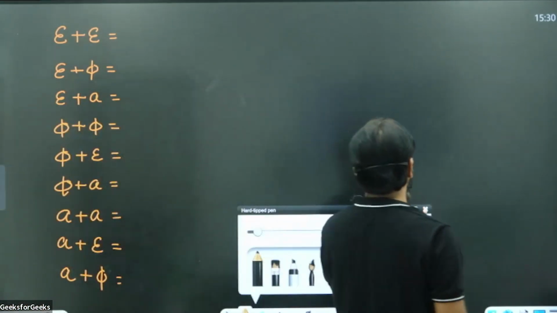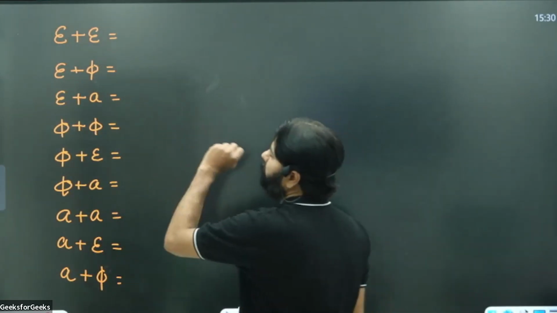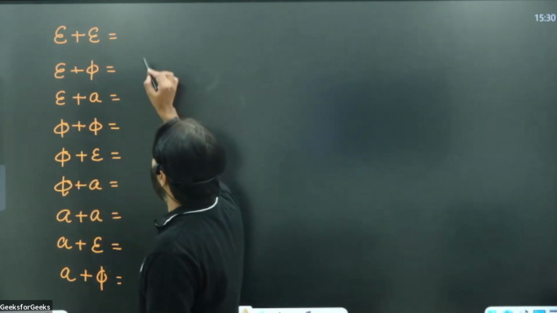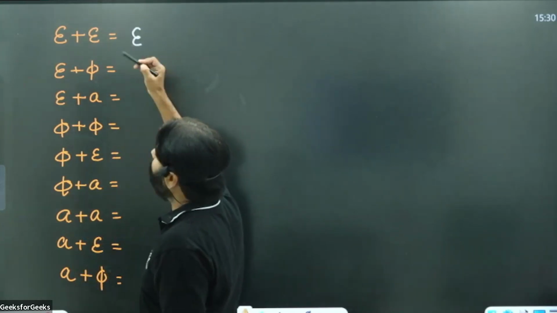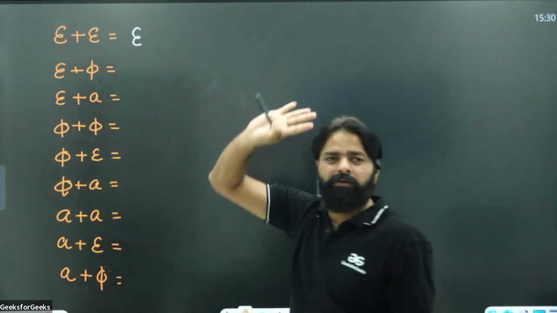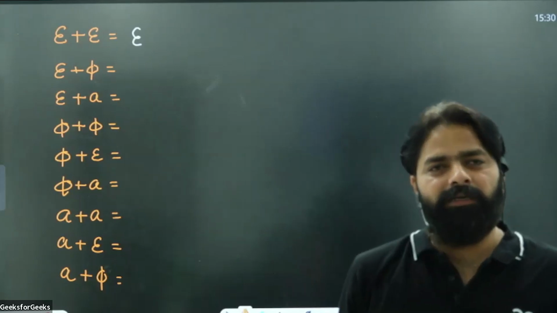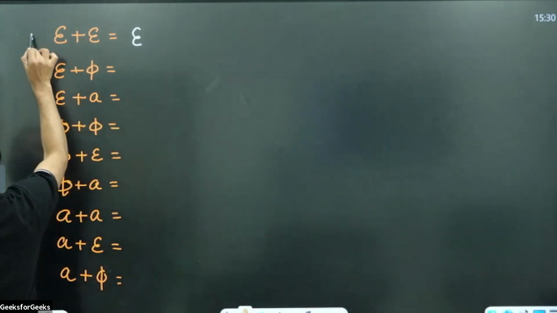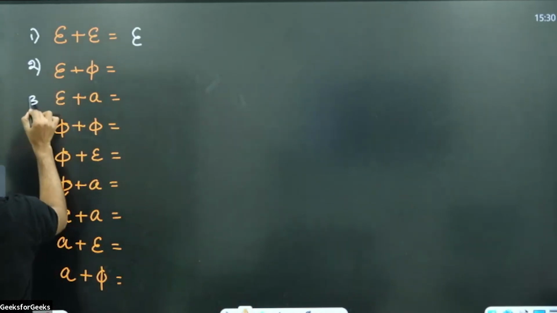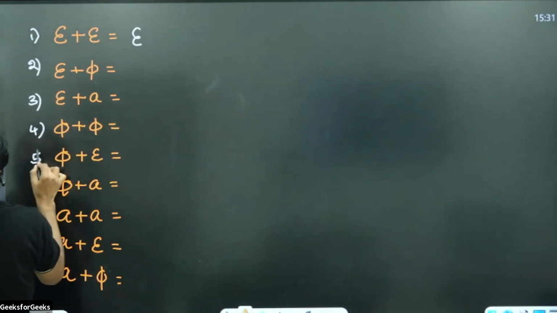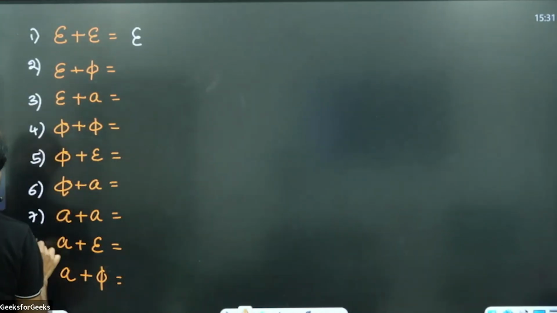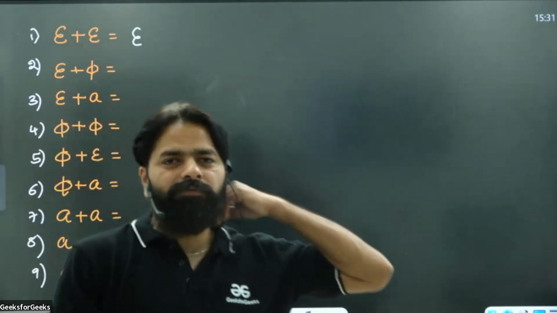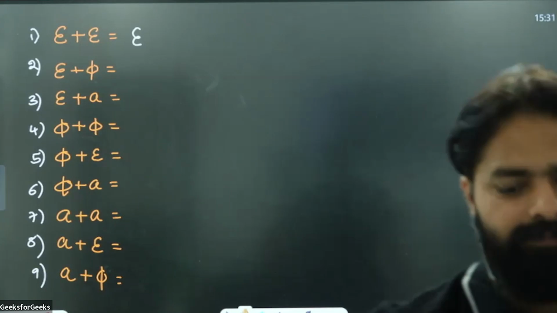I want a simplified answer. Like epsilon plus epsilon, will it be generating other than epsilon? No, right? So can I write epsilon only? If I look at a language, I will have only one epsilon string. So I want to fill the remaining. Write a number and write an answer. Take 1 minute time. Let's see how many of you make mistakes. Of course, you should make mistakes so that we can correct them in the class itself.